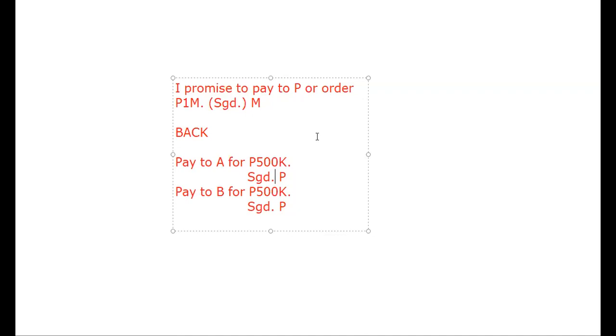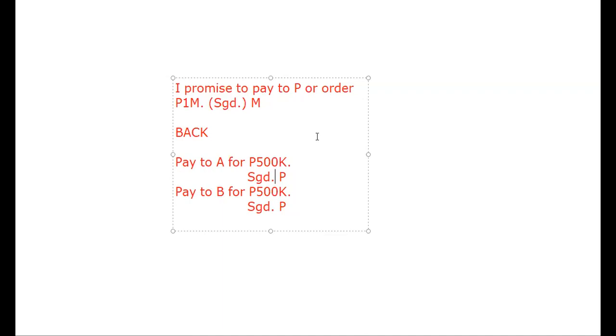Kasi na-endorse na yung buong amount? Well, while it is true that in that case, there has been endorsement of the entire instrument, of the entire amount appearing on the face of that promissory note, still, that endorsement is not a proper endorsement.